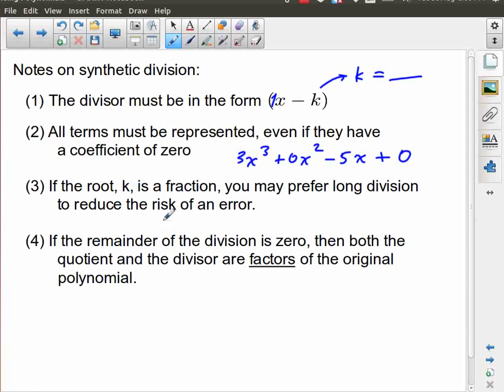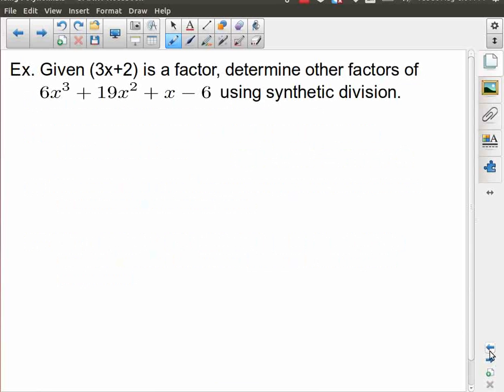And if we do our division, whether it's long division or synthetic division, and we end up with a remainder of 0, that means the division worked perfectly, and that means that you have found a factor. Right now it's just a divisor. But if the division works perfectly, then you actually have a factor for that polynomial. And that's going to be something we're going to cover in a lot more detail in the next lesson, where we look at factoring as an entire lesson.